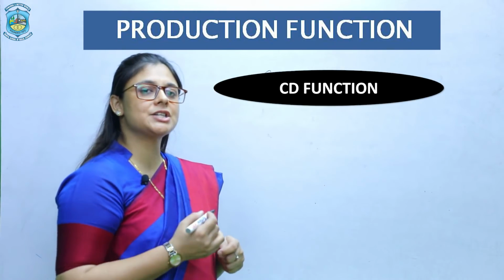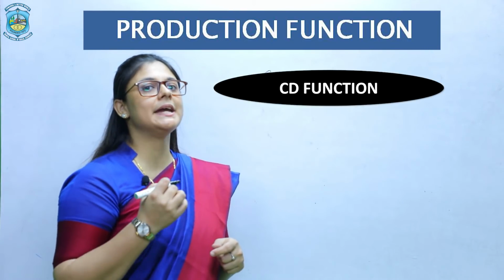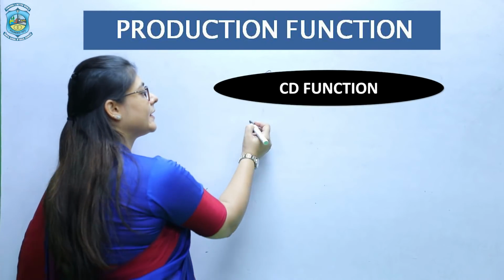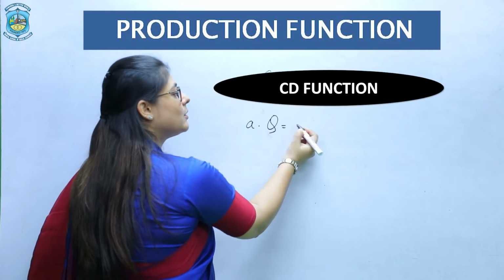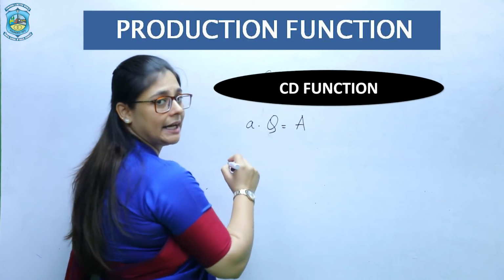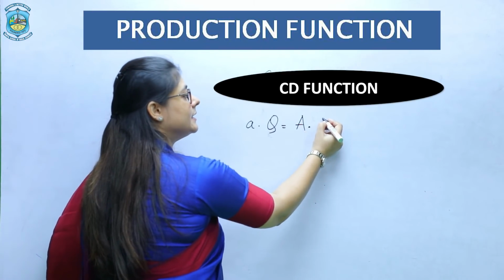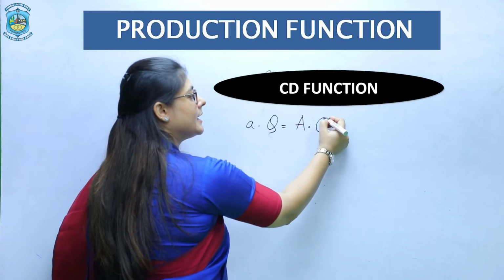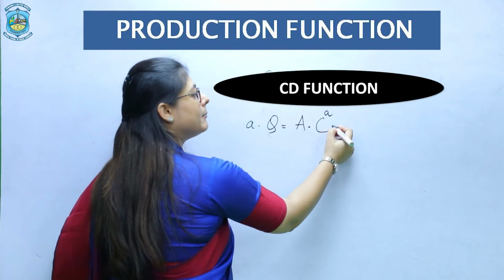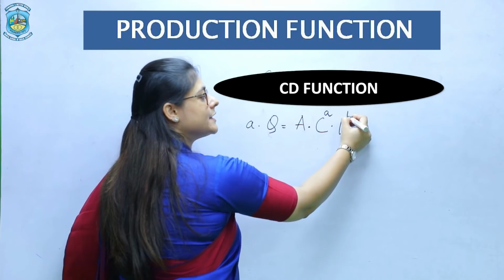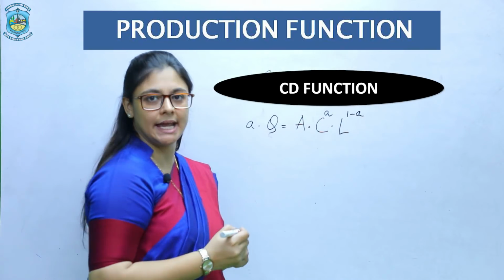The CD function algebraically can be expressed as the output Q is equal to capital A times capital C raised to the power of small a multiplied by labor L raised to the power of 1 minus a.